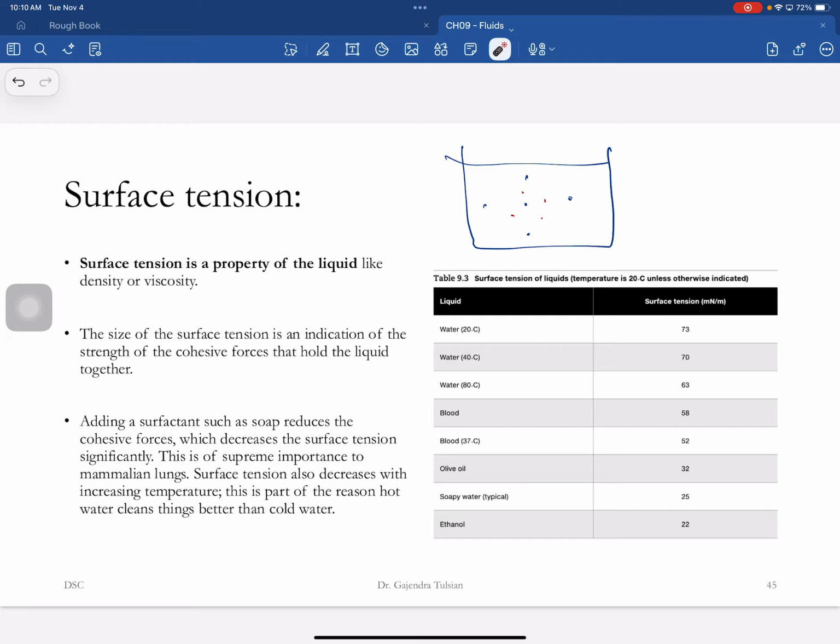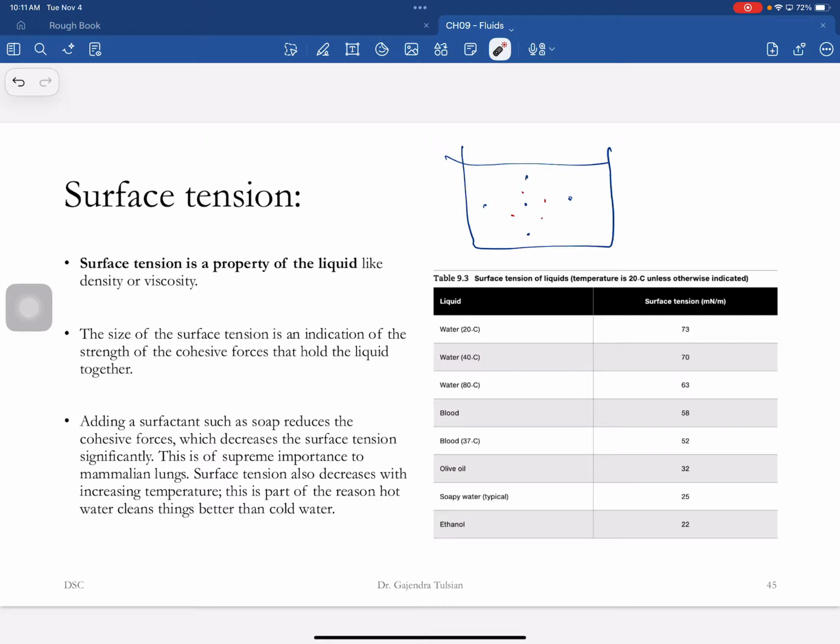So surface tension is a property of the liquid. So anyway, surface tension. And again, you see as the temperature rises, the surface tension decreases. So when you want to clean something, if you want to wash something, what you want is the water to stick to that stuff and less to itself.